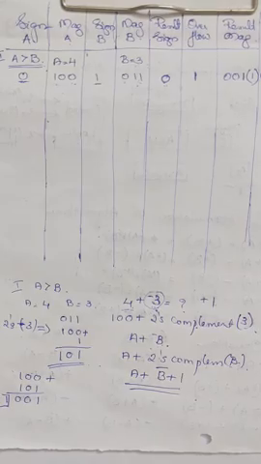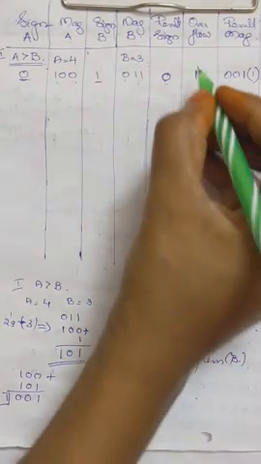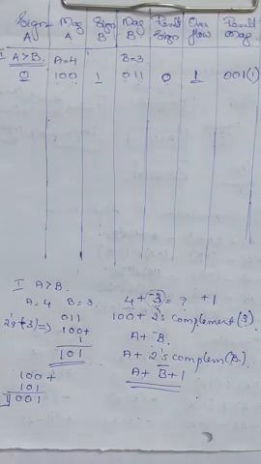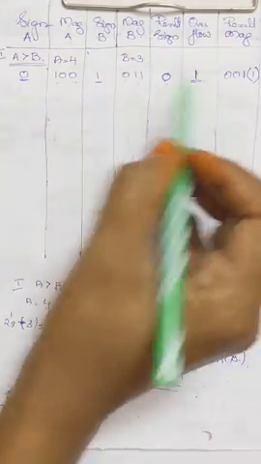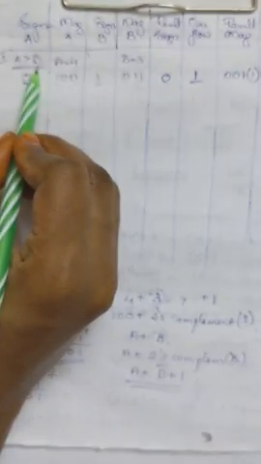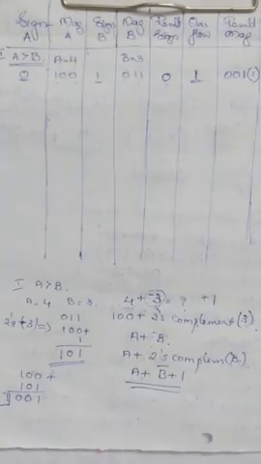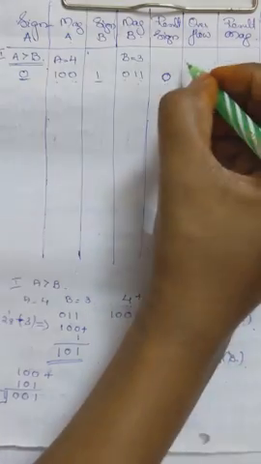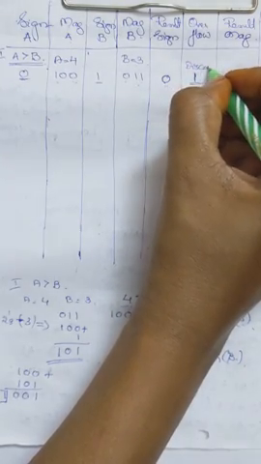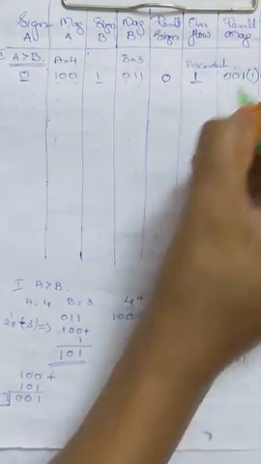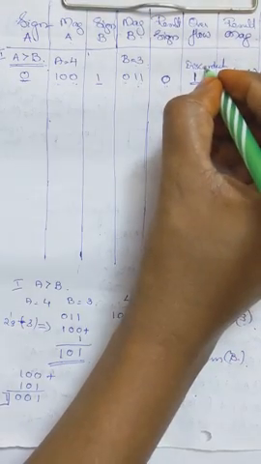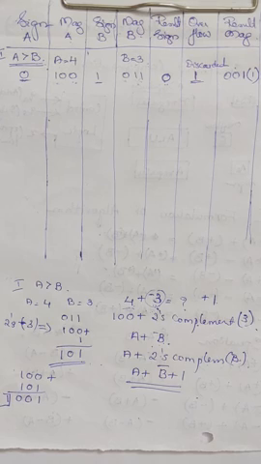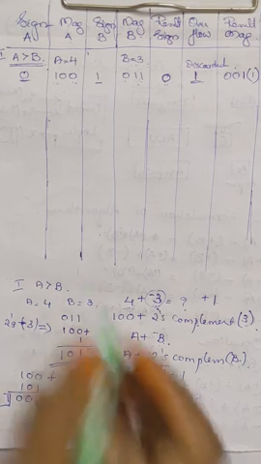Now what about this overflow? Since A is greater than B, overflow will be discarded. Okay.